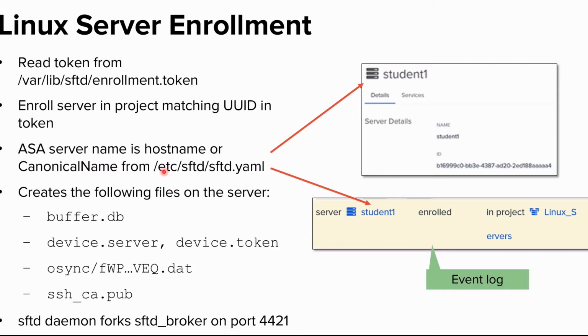If you haven't configured this, it'll just use the host name. And then it'll create a bunch of state files, really. And this is true for both Windows and Linux. You get these state files on there. And you can see it's forking a broker onto 4421.